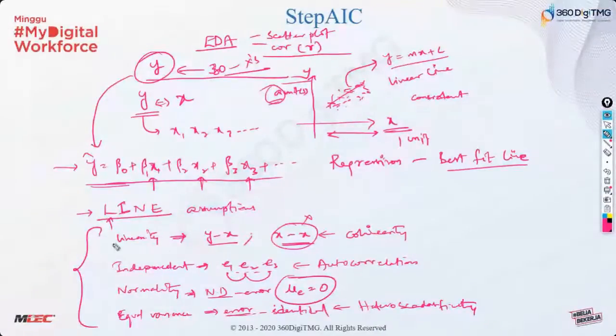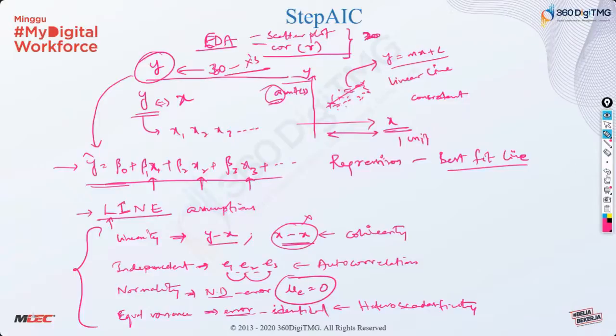Among all these variables, you need to decide which variables are actually relevant in considering. Maybe out of 30 variables, you found that only 20 are relevant. The other 10 are not at all relevant, so you can safely ignore them completely. So this is basically your initial EDA that you are going to do.